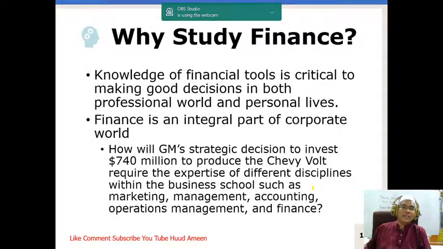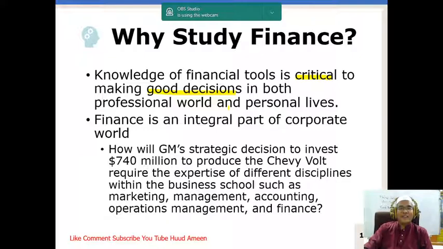And why do you study finance as a student or as a business? Why do you have to study finance? Knowledge of financial tools is critical, very important, to making good decisions. You might have 1 million.